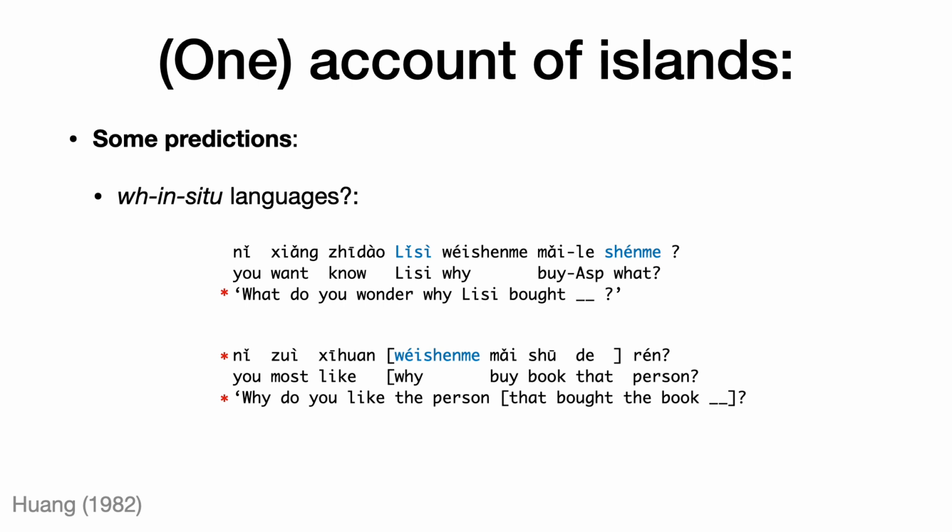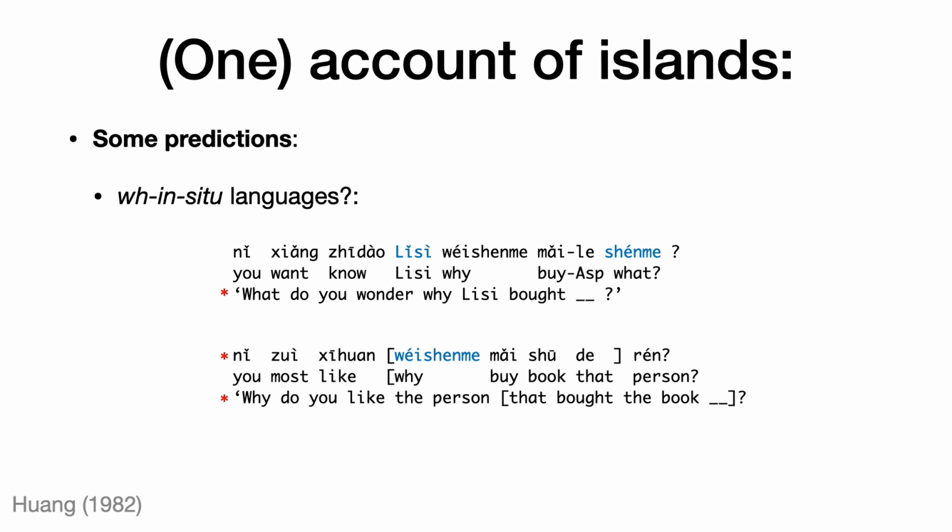The same thing is true in Mandarin Chinese. So you say something like, you most like why book bought that person, right? So Mandarin Chinese relative clauses come before the noun. So weishenme mai shu de ren. That thing that's in square brackets, that's the relative clause, and it precedes the noun ren, person. And if you have that WH phrase why inside of that relative clause, that's not grammatical.